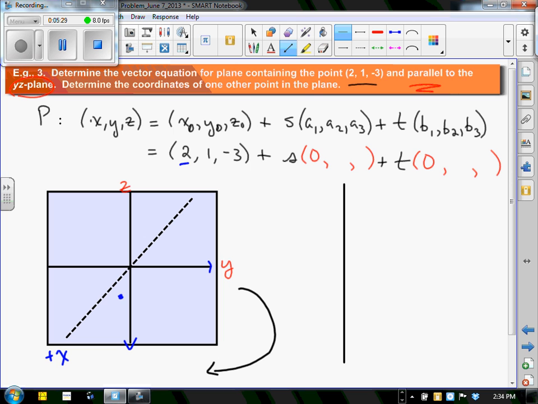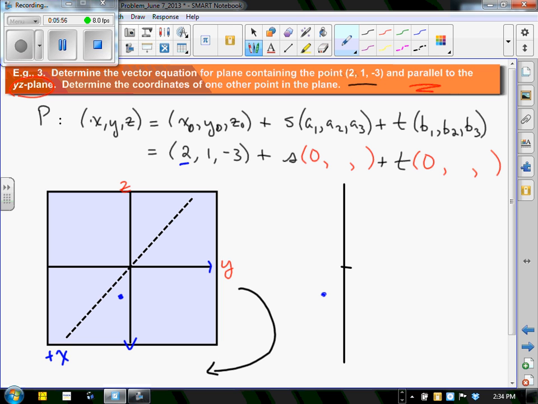Let's draw in the z-axis, and then the intersection of the y and the z would be in here, but the y-axis would be jutting out of the page, and the point that we're after would be just here, just underneath the y-axis.